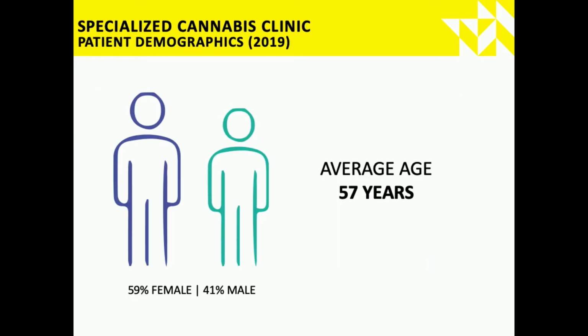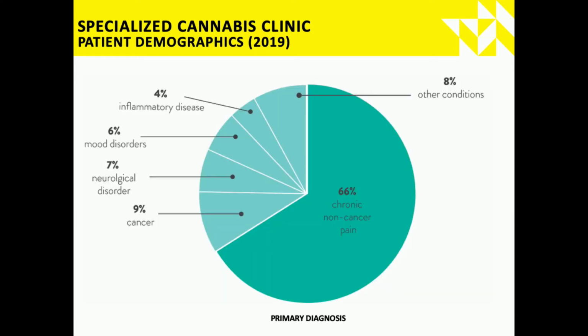This is a snapshot of a 2019 patient population that were seen at Santé Cannabis. As you may appreciate, pain is still one of the most important indications, particularly chronic, non-malignant pain.